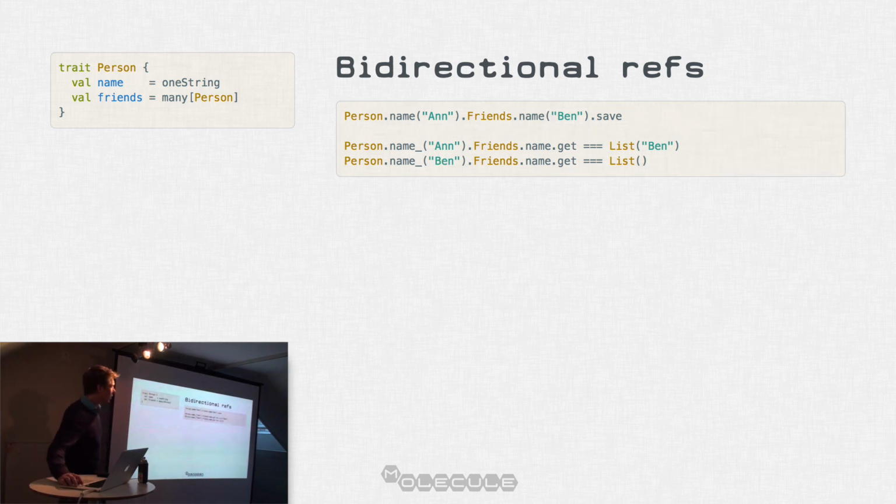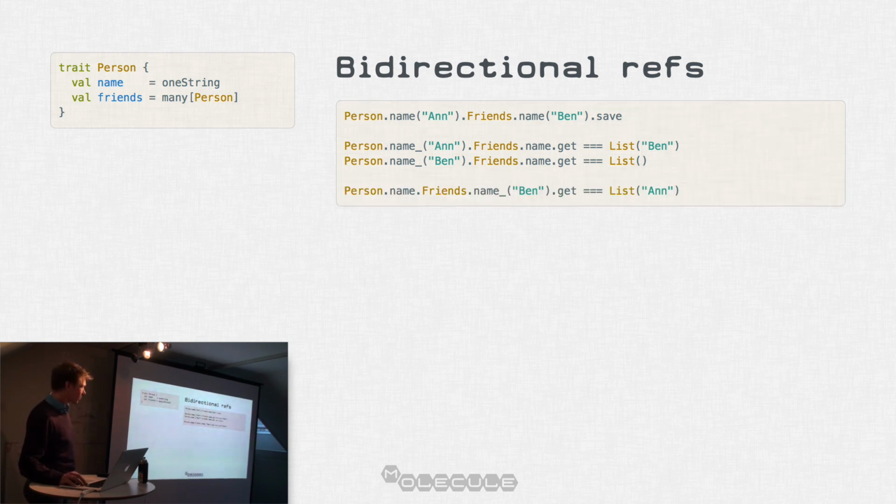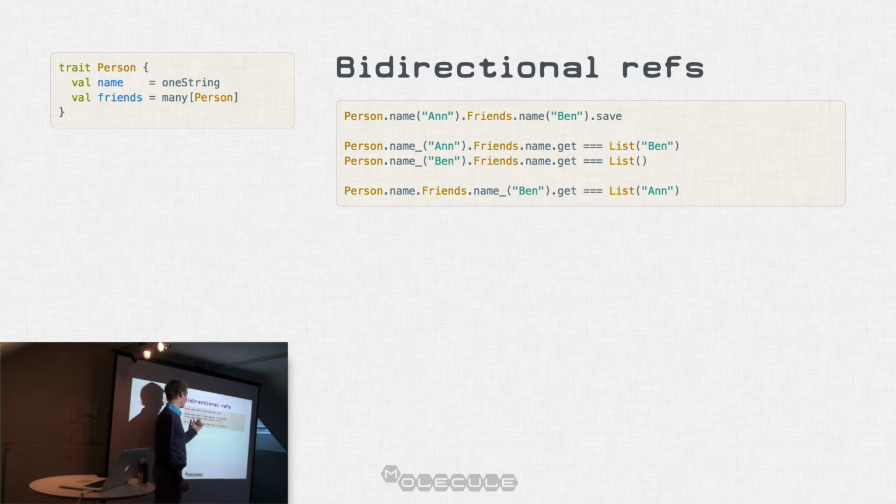But if we go the other way, then we get an empty list, because the relationship goes one way, right? So what I do is, you can go backwards. If you want to find who the friends of Ben are, you can put Ben in the second position here, go backwards, and see who has a friendship to Ben. And then we get Anne.